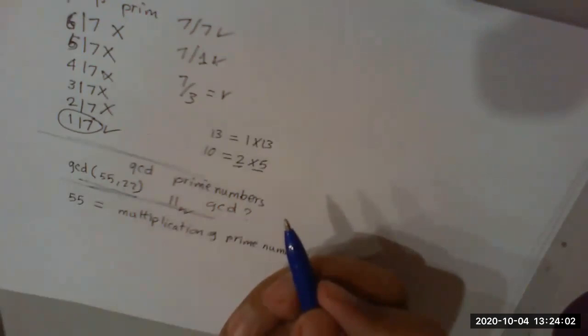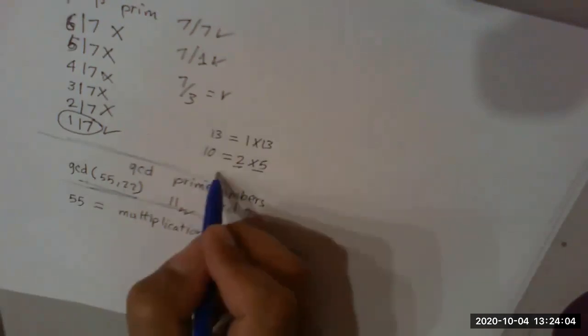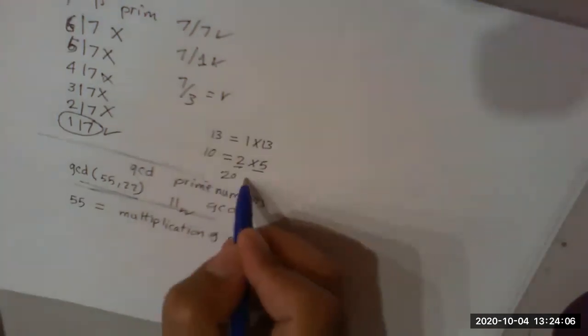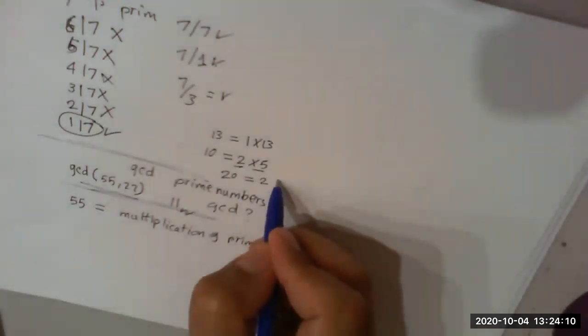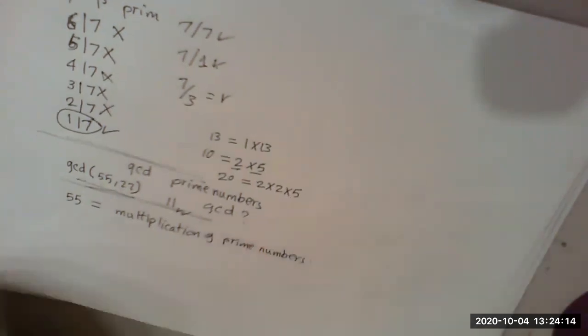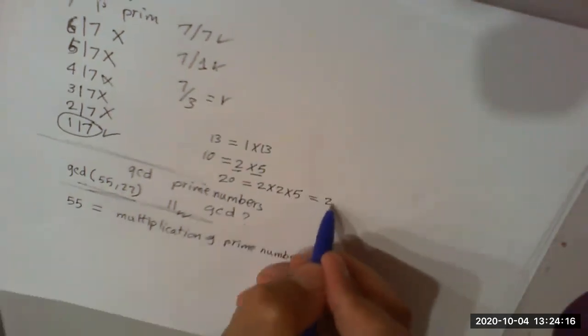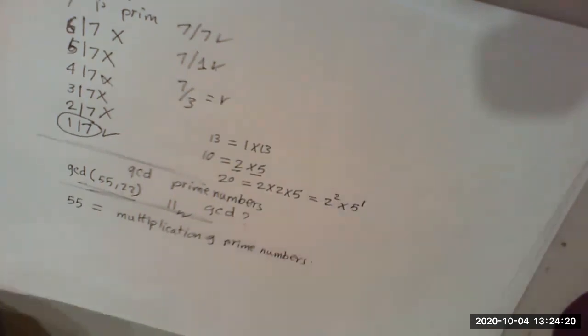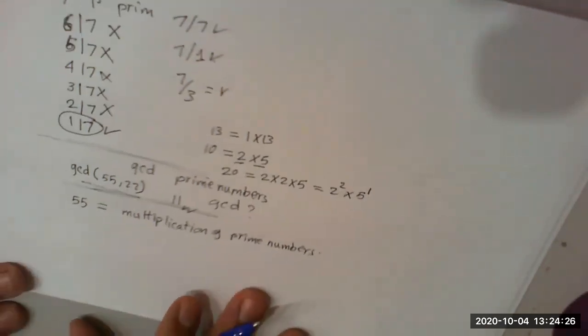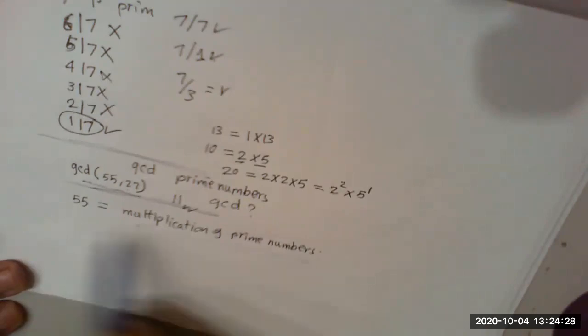There are no other divisions. What about 20? 20 is equal to 2 multiplied by 10, which is 2 by 2 by 5, right? It is 2 to the power 2 multiplied by 5 to the power 1. This is 20. So you can write any number as a multiplication of prime numbers.